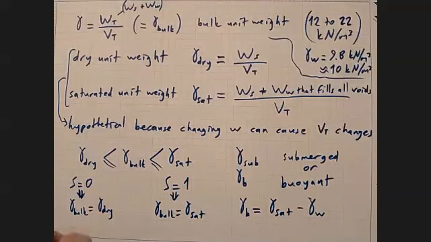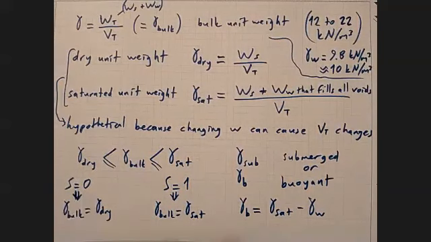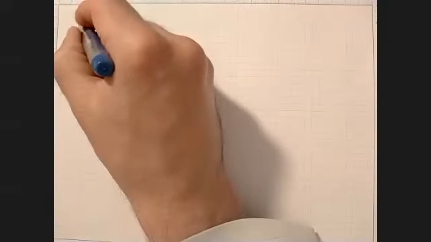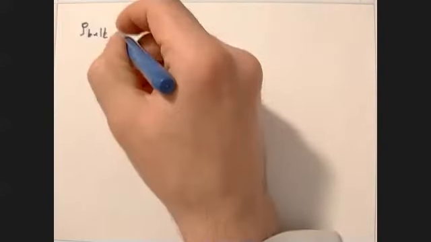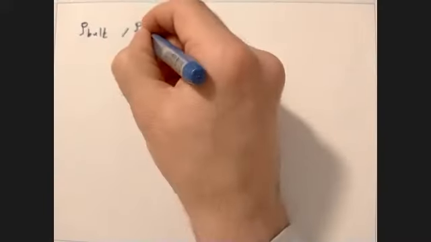So let's see what else do we have. This page was all about unit weights. What else do we have? Now, as I said before, if you define anything with unit weight, you can also define such things with density.